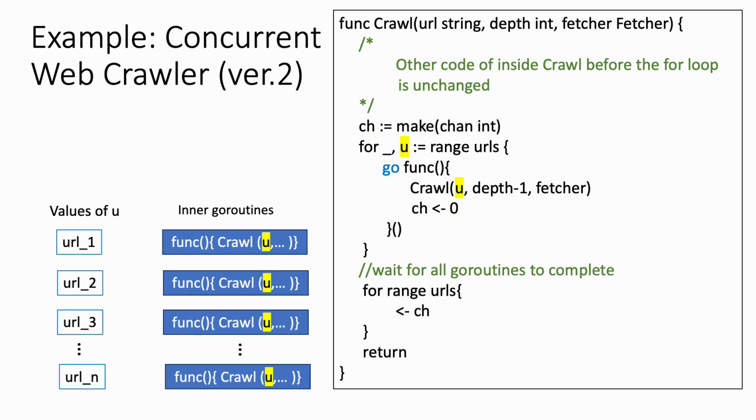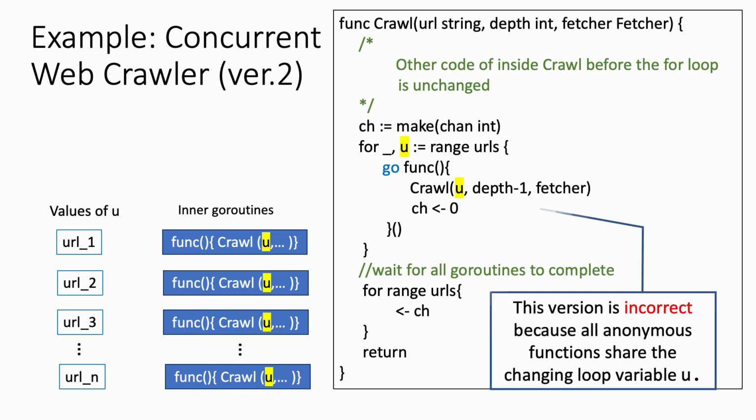Note that version 2 of the concurrent web crawler still produces incorrect output because the single variable u is shared by all the anonymous functions and updated by the successive loop iterations. Recall that we cannot control when a goroutine starts.